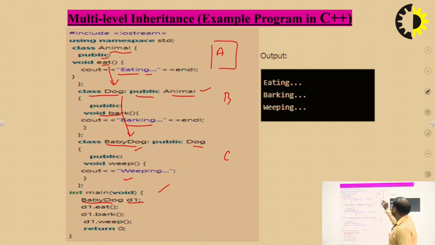So this property is inherited by this class, and this property is inherited by this class.